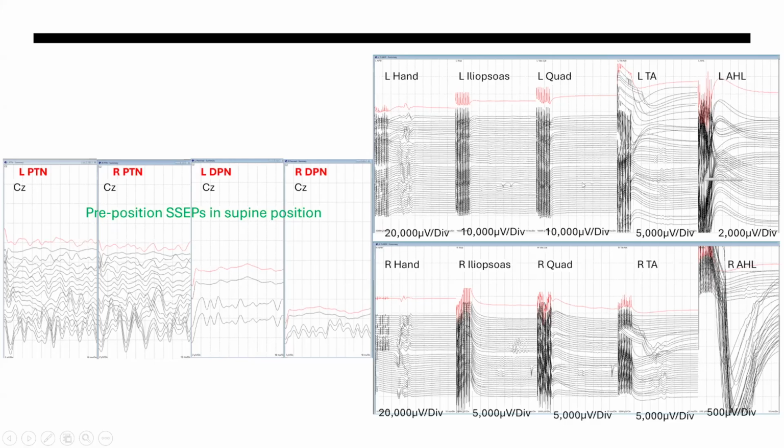In this procedure, the patient's going to be placed in a prone position, but before that, we do a pre-position baseline. So we get the baseline while they're in a supine position, lying on the OR stretcher before they're on the operating room table.